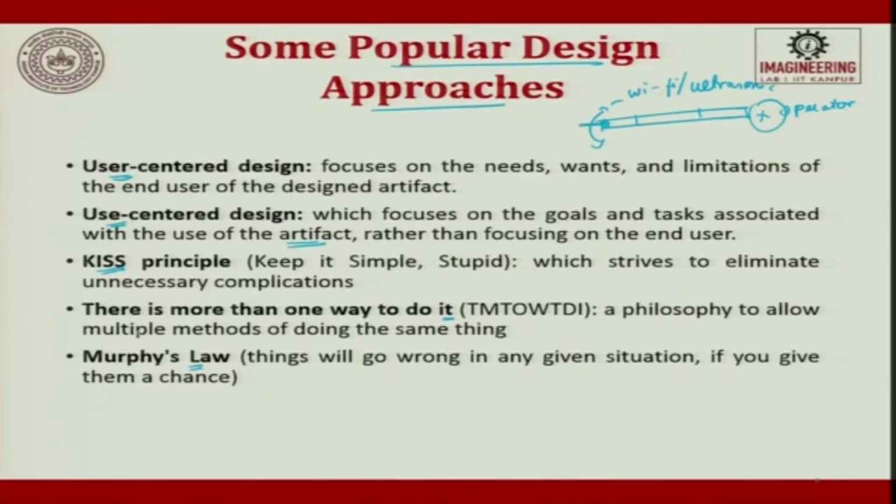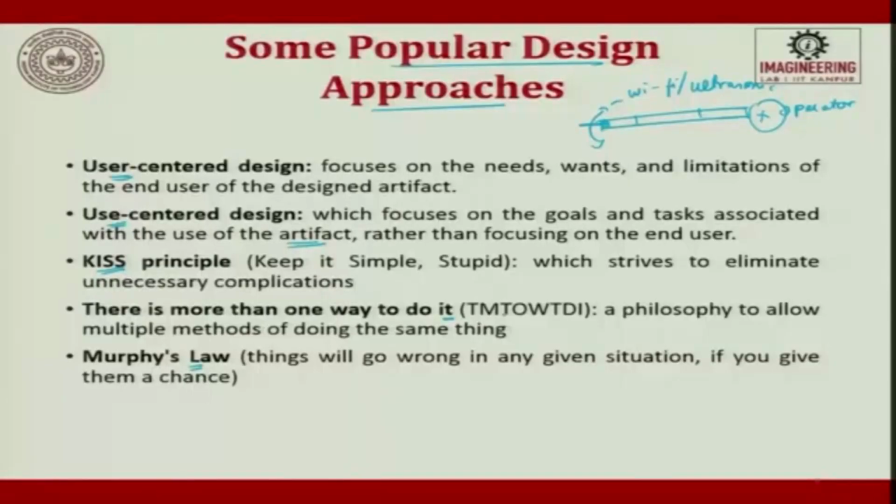The next one is there is more than one way to do it. Suppose you have already reached a solution and you think that this is the ultimate solution. Now, it is also required for you to look a little far away from the product, throw away all your passion and think, is there any other way of solving it? For example, in math, when you try to solve in the examination, there are several logics which you follow to go towards the answer.